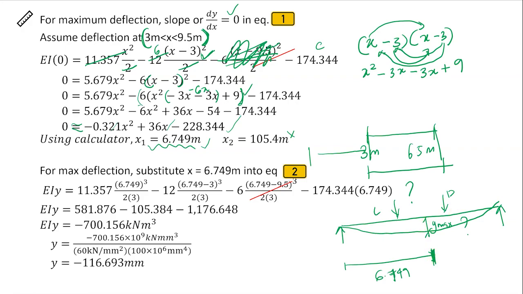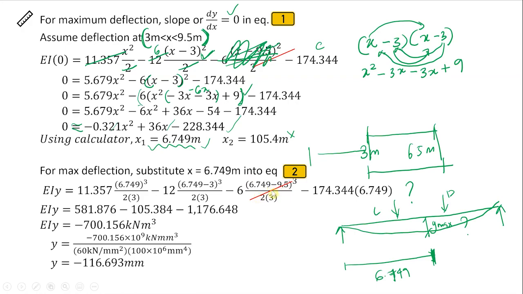That's why kita gantikan X ni sebab kita tahu maximum deflection happen at this point. Gantikan X ni ya. So, equation number 2 which is deflection punya equation because we are trying to find the value of deflection for Y max. EI Y. So, 11.357 gantikan all the value for X here. And cancel out bila you dapat negatif bila dia dalam kurungan.